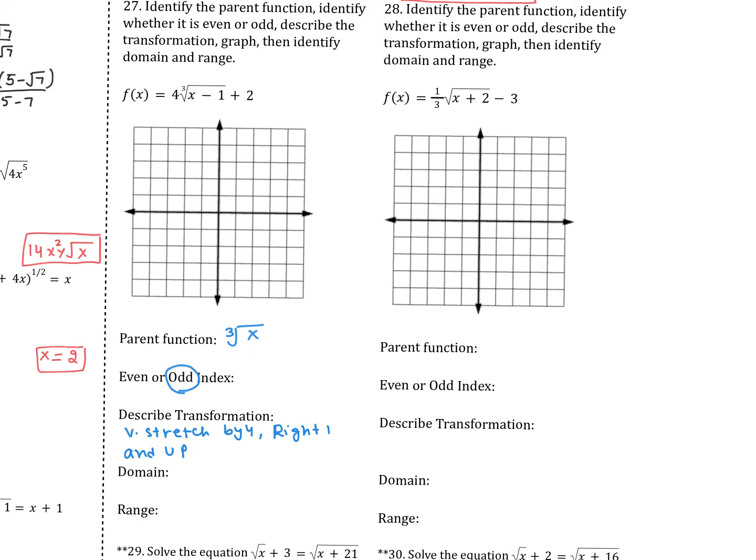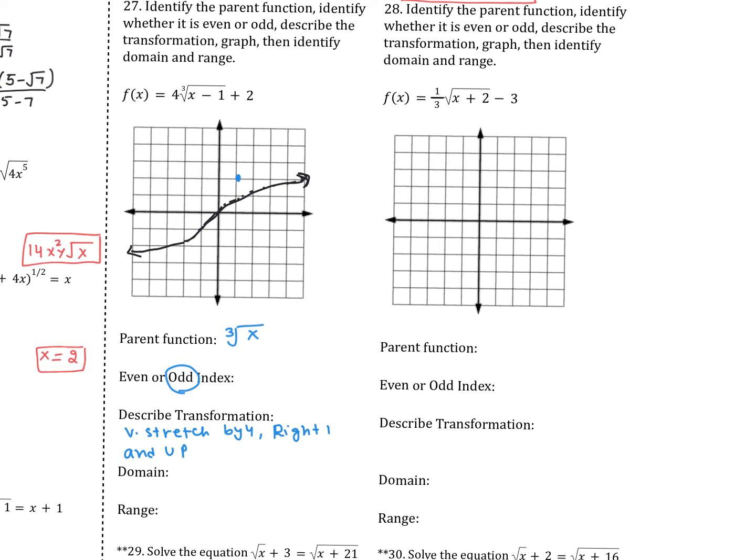To graph this, you're going to move this graph. So the original function graph is this, and you're going to graph the transformed function. So you're going to move this graph 1 unit to the right and 2 units up. So this is my starting point, and now it's stretched 4 units.